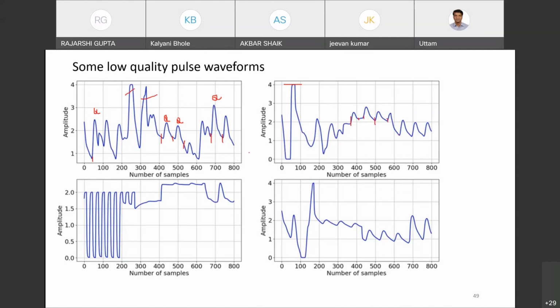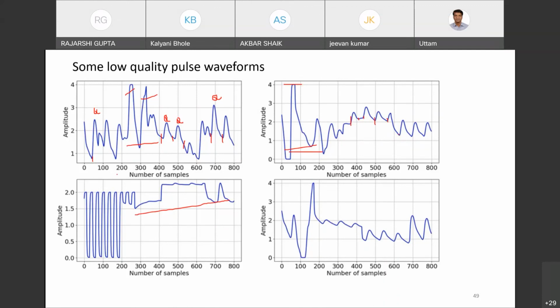But if we want to make continuous beat to beat blood pressure measurements, then these intermediate bad quality pulses, like here or here or here, create a hindrance, because in beat to beat blood pressure measurement, you cannot afford to lose data.